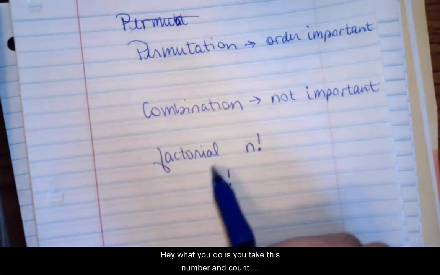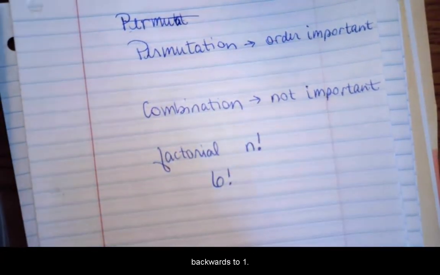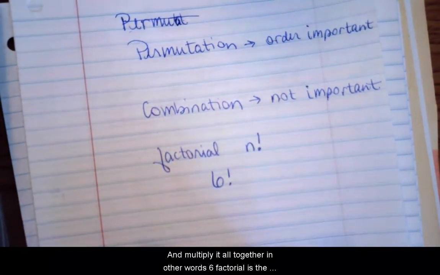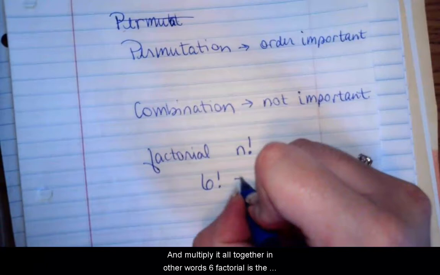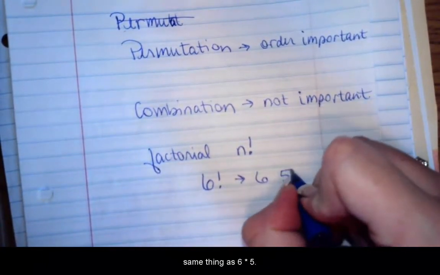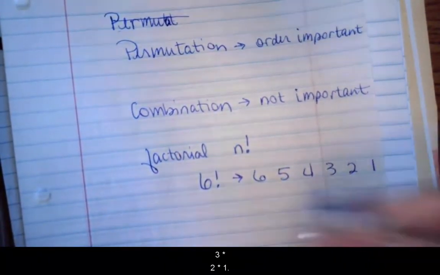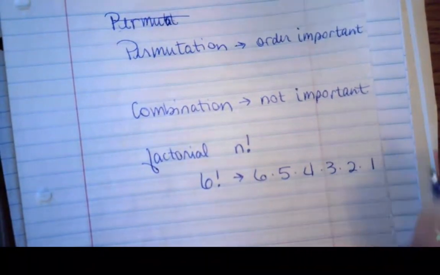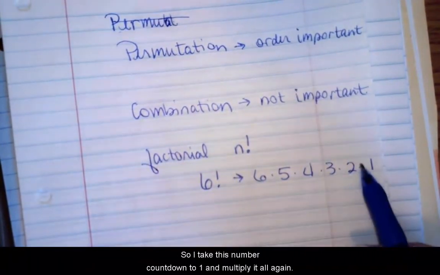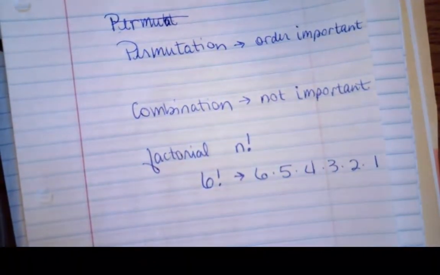What you do is you take this number and count backwards to 1 and multiply it all together. In other words, 6 factorial is the same thing as 6 times 5 times 4 times 3 times 2 times 1.